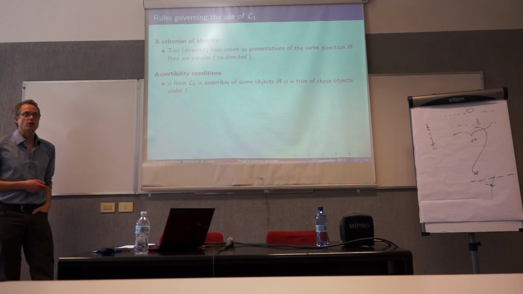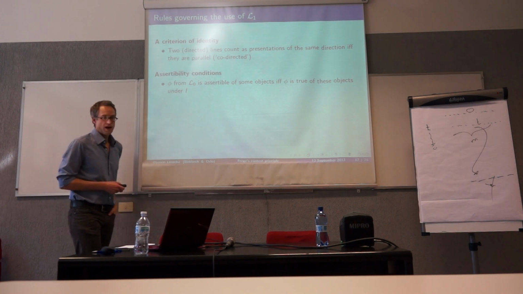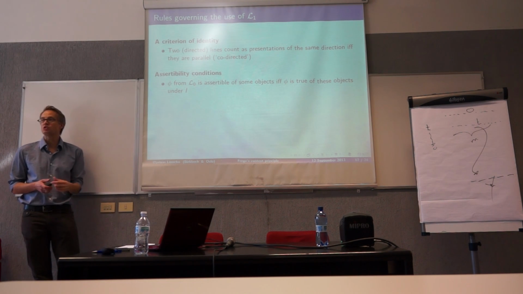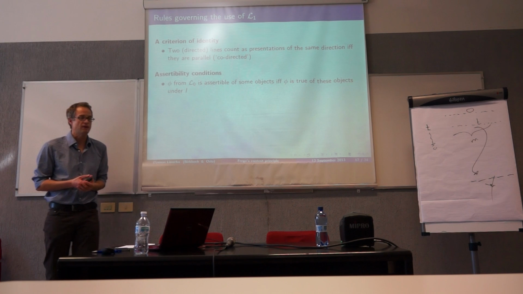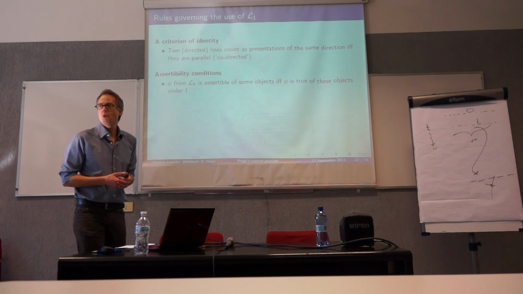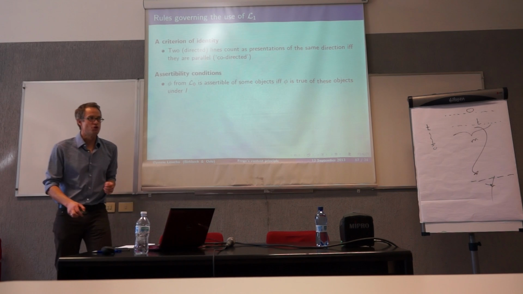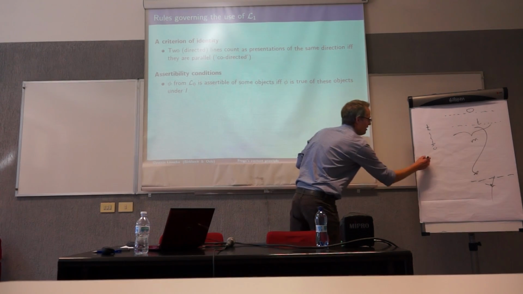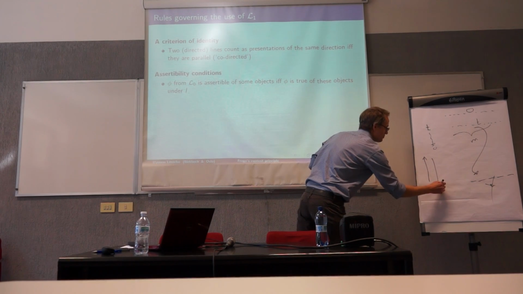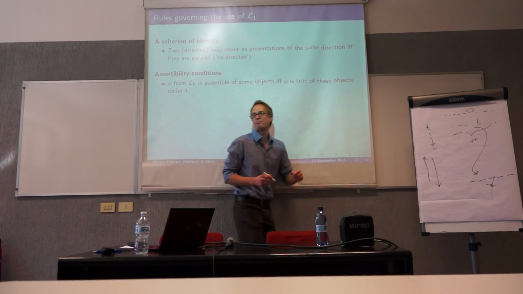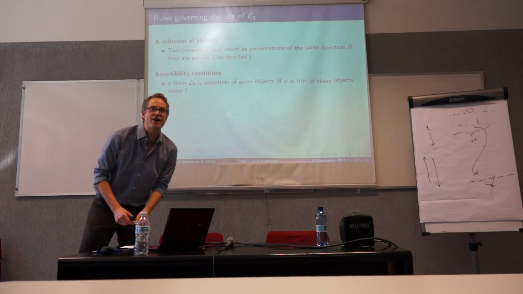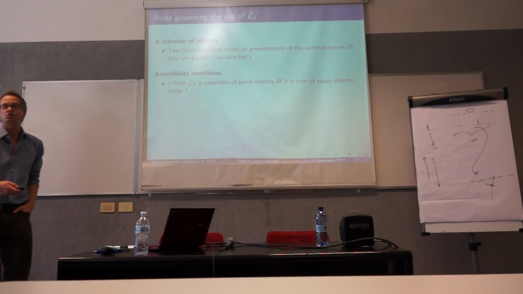So there's a criterion of identity, of course, that two lines will count as presentations of the same direction if and only if they're parallel. If you want to not identify the direction of that line with the direction of that line, you can do that by looking at a slightly more fine-grained equivalence relation.